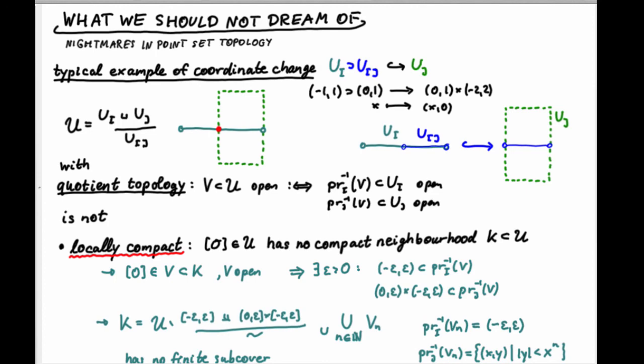1 into 2, and here the thing is that I'm not embedding my entire base chart UI, I'm just embedding an open subset. And so that goes into some two-dimensional bit.